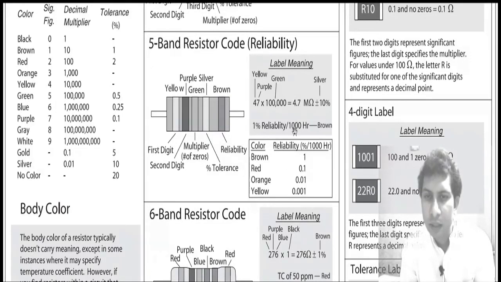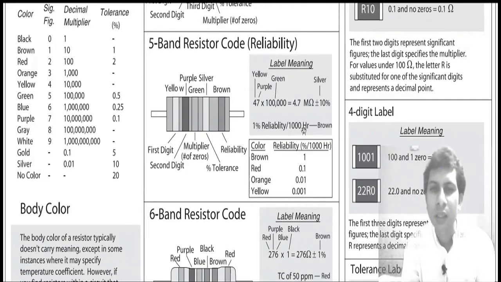Reliability per 1000 hours means the use of this resistance as a reliable resistance without its internal resistance varying much. We can say that after 1000 hours of working of this resistance in a circuit, it might change by plus minus 1% reliability.